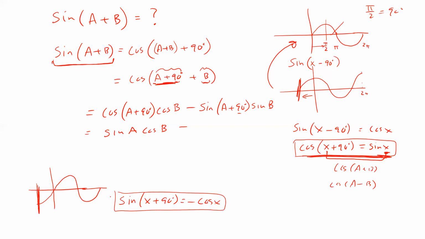I like it. I think we can plug it in. So we got this guy here comes in as negative cosine of A. Sine B, there's no change there. And so I think I got it here. This is sine A cosine B plus cosine A sine B. Are we okay?